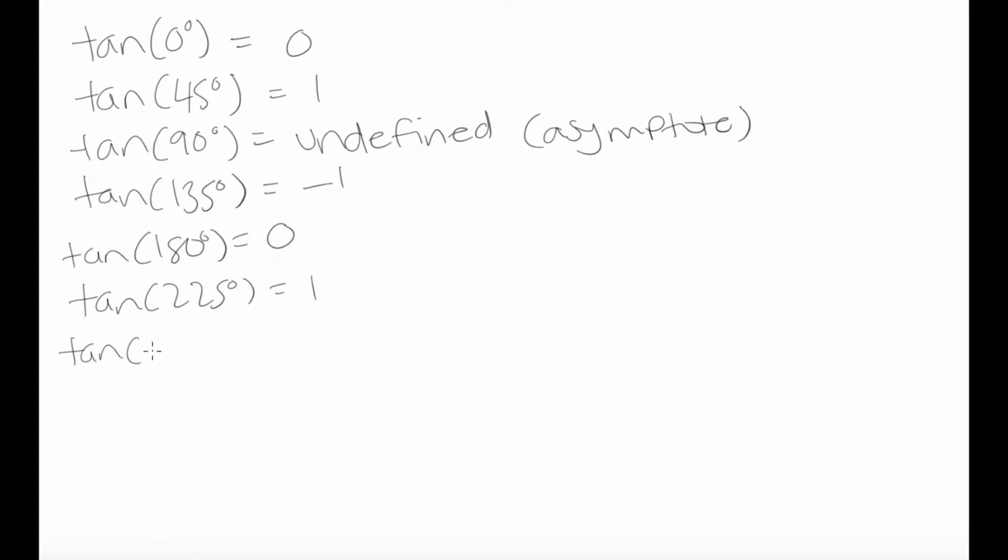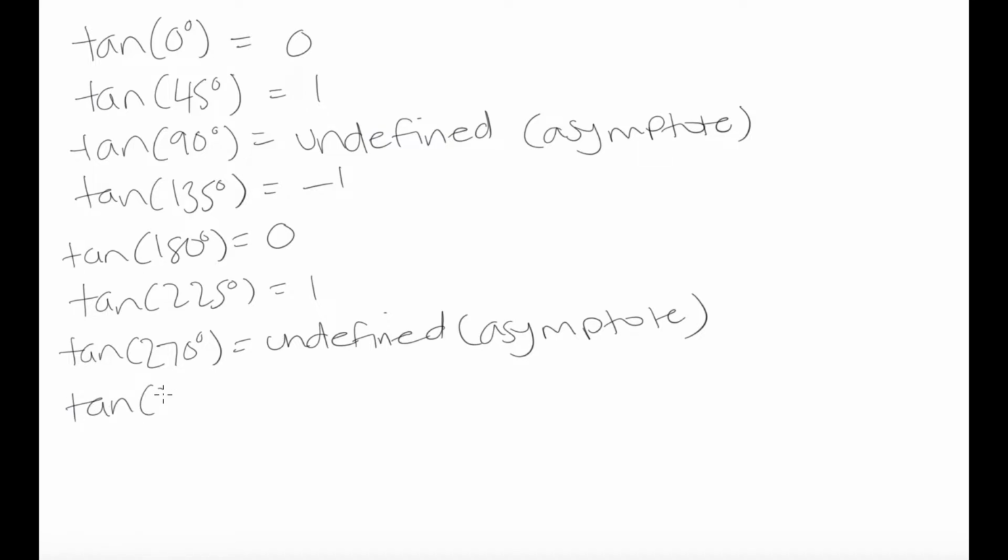Tan of 270 degrees is undefined again. We are going to be dividing by 0, which is not allowed, and we're going to have another asymptote at 270 degrees. Then we have tan of 315, that is going to be equal to -1. And tan of 360, which is 0.